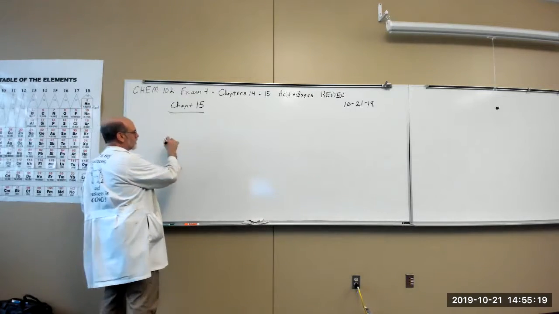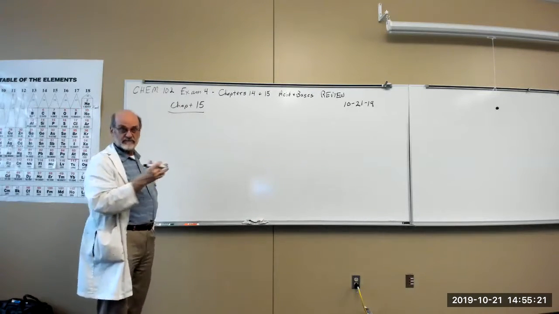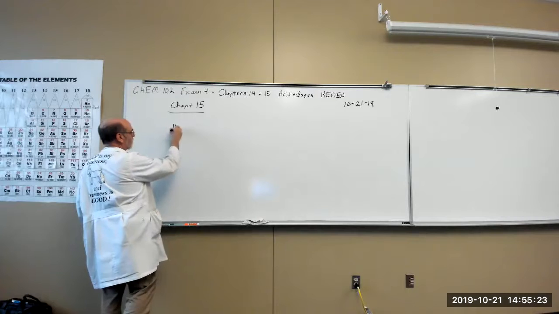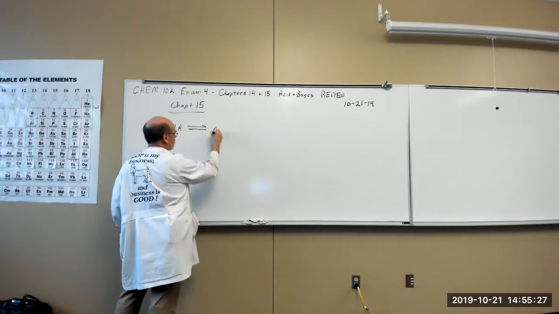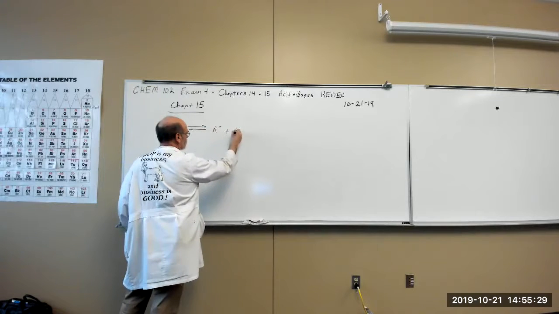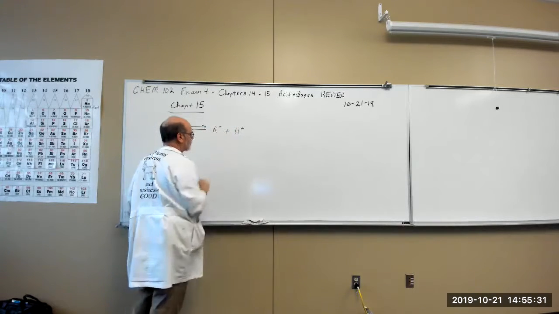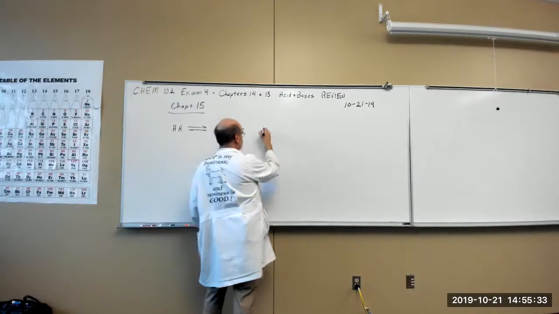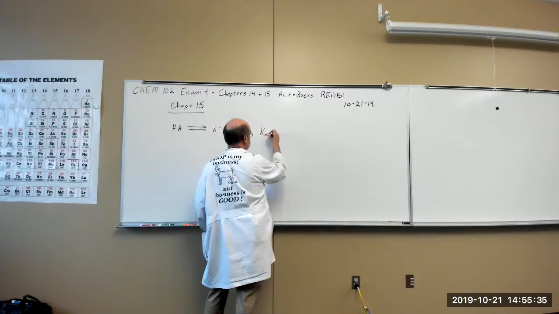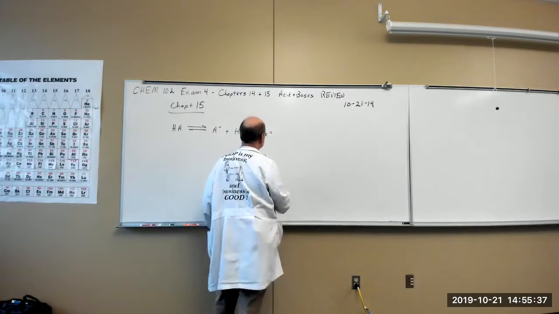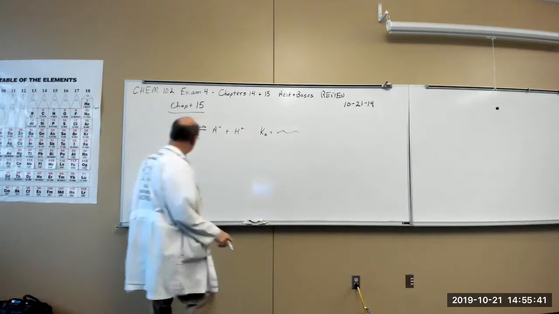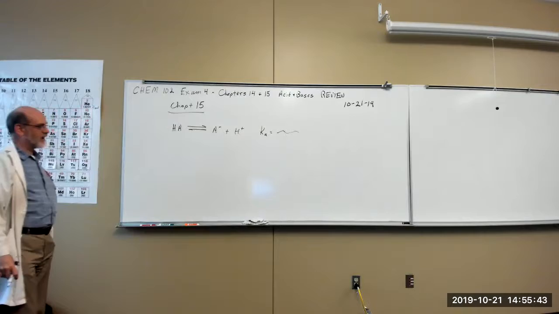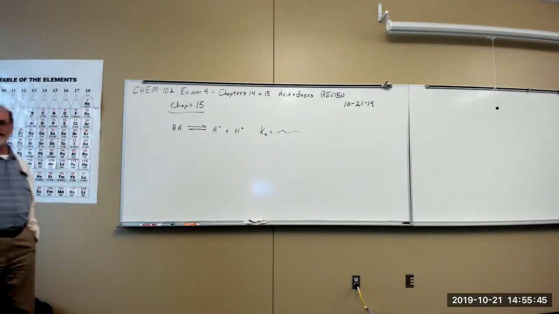is you start off with a generic weak acid. Okay. It produces that and that. And this weak acid has a Ka of some value, whatever. Okay, now can you derive the Henderson-Hasselbalch from that?